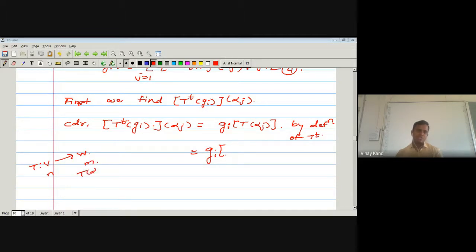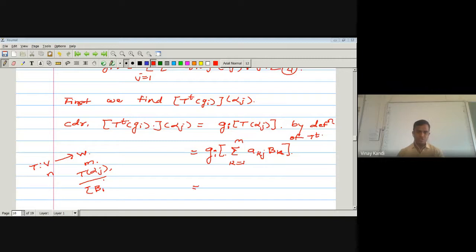T of alpha j is an element of W. So we can write this as a linear combination, k running from 1 to m, m dimensional, into Akj, instead of Aj, Akj into the basis elements beta 1, beta 2. So this one is beta k. Is it correct? Yes, sir.